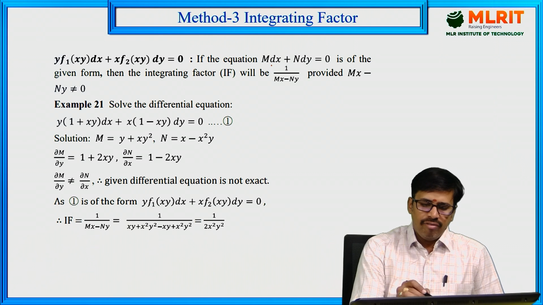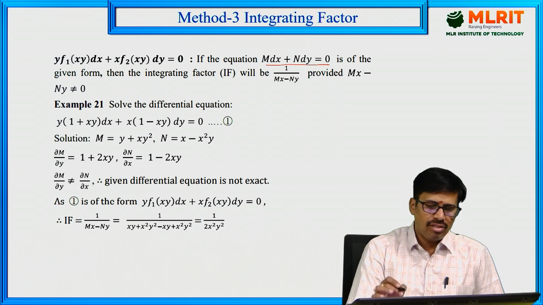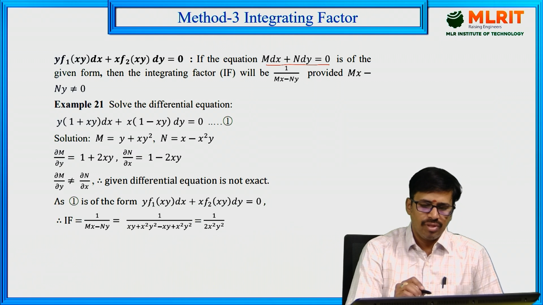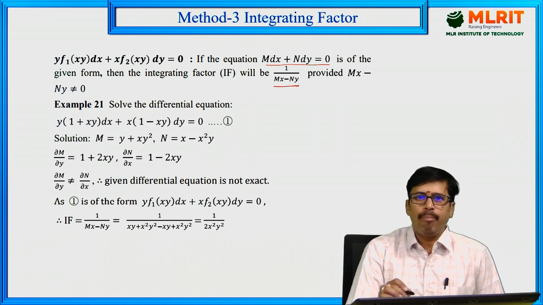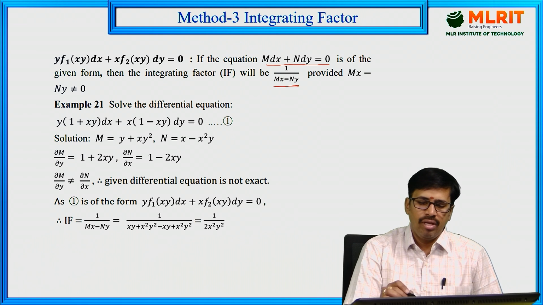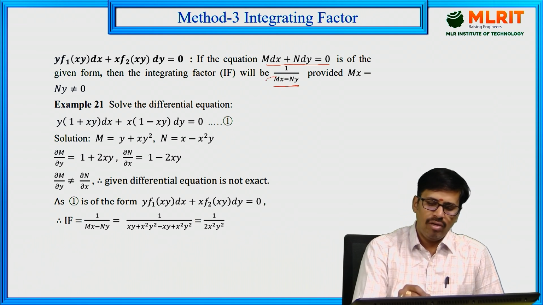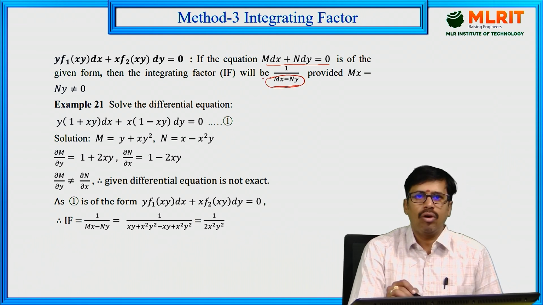If the differential equation M dx plus N dy equal to 0 is not an exact differential equation, then the integrating factor will be 1 upon Mx minus Ny, provided this denominator Mx minus Ny is not equal to 0.